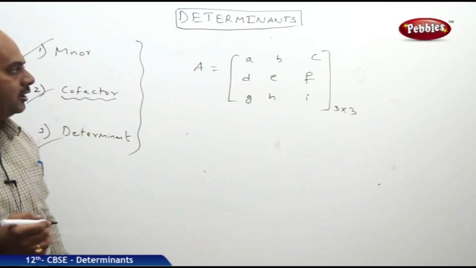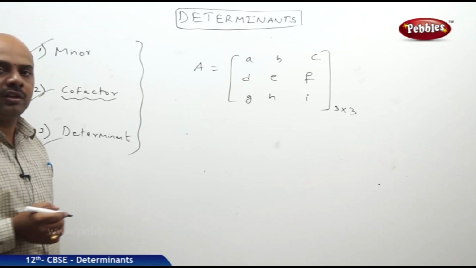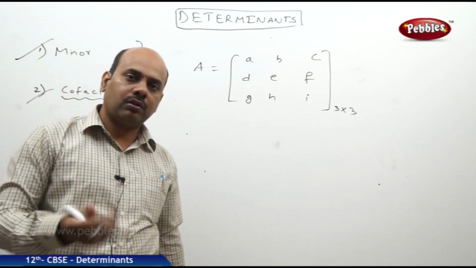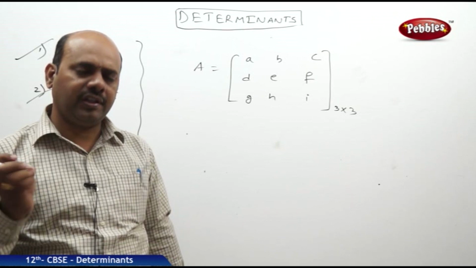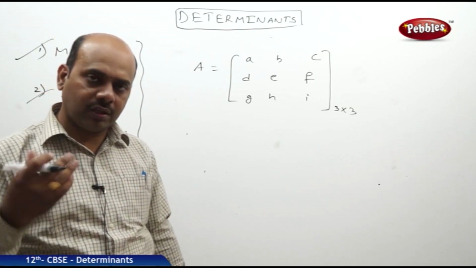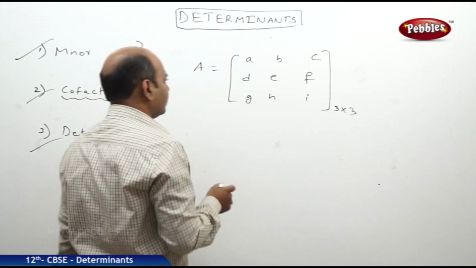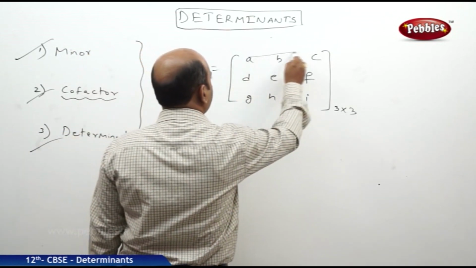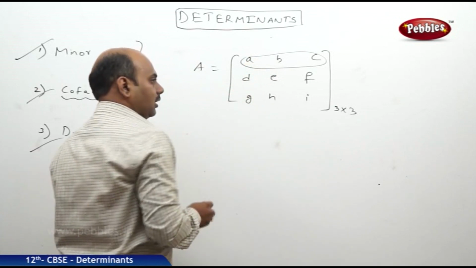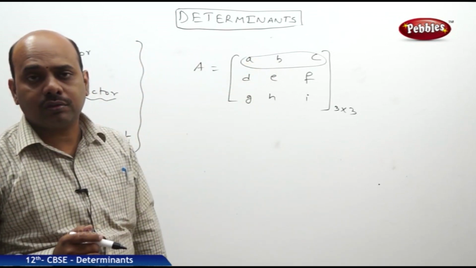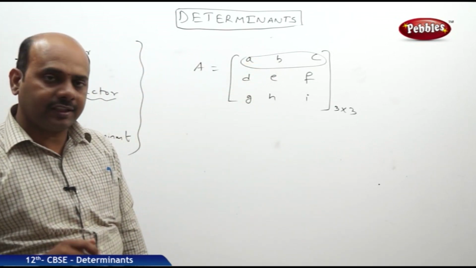As I am going to find the determinant of a 3 by 3 matrix, we need to choose a row or column of your choice. Any row or any column of your choice. For my convenience, I always try to take the first row. And with respect to this first row, I will be evaluating the determinant.